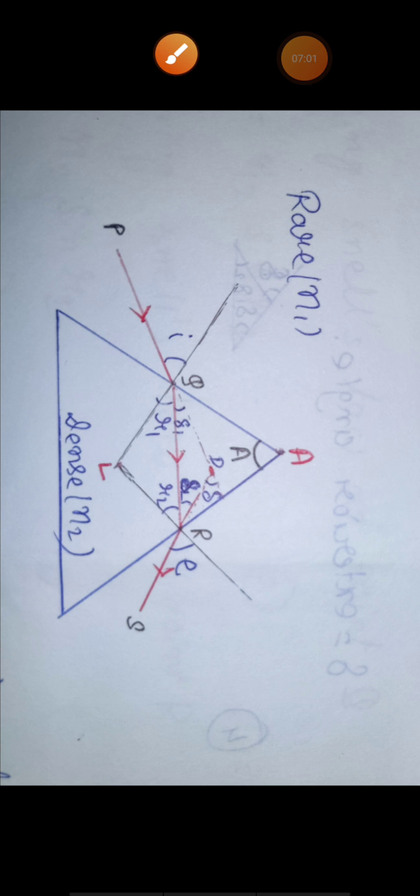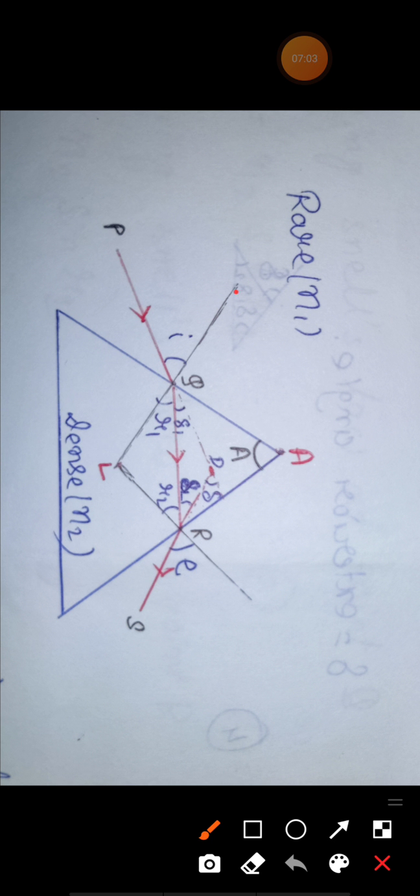So look at this cross now. This X-like shape. This one and this one. Correct. So in this cross, what can you say?